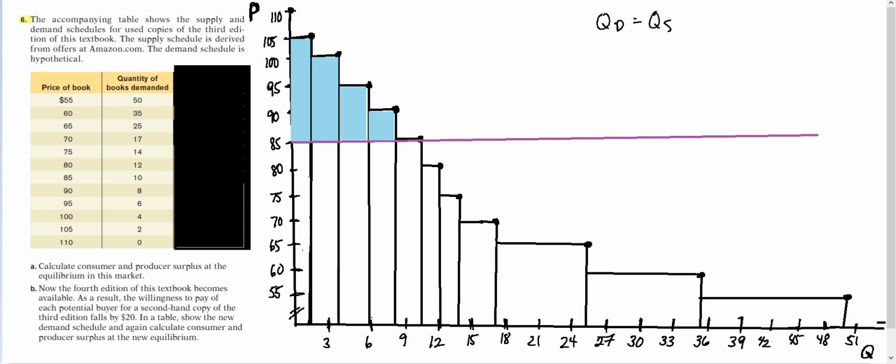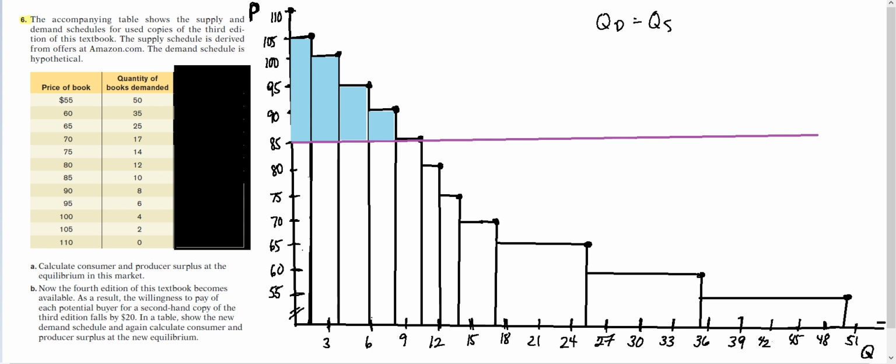In the first bar, I have a height of 20 and a width of 2. So I have an area of 40. In the second bar, it looks like I have a height of 15.